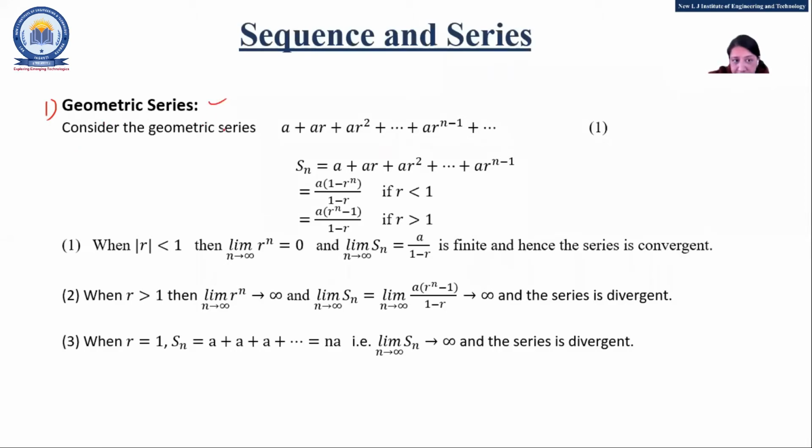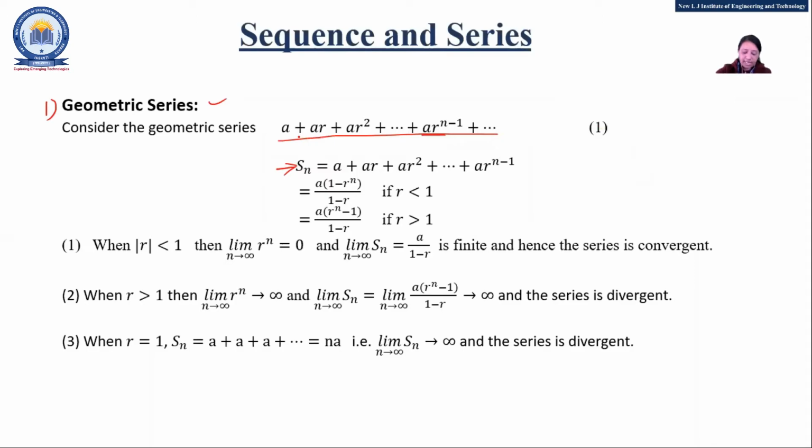The geometric series is this one: a plus ar plus ar square up to ar to the n minus 1. Now you will always be asked to find the sum of the first n terms, which is denoted by Sn.